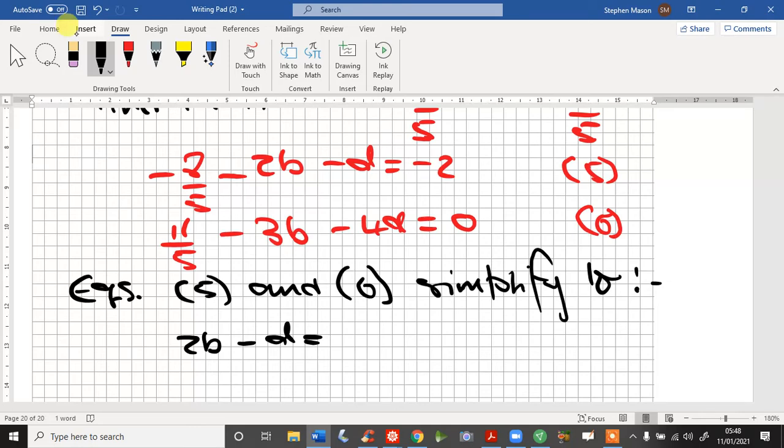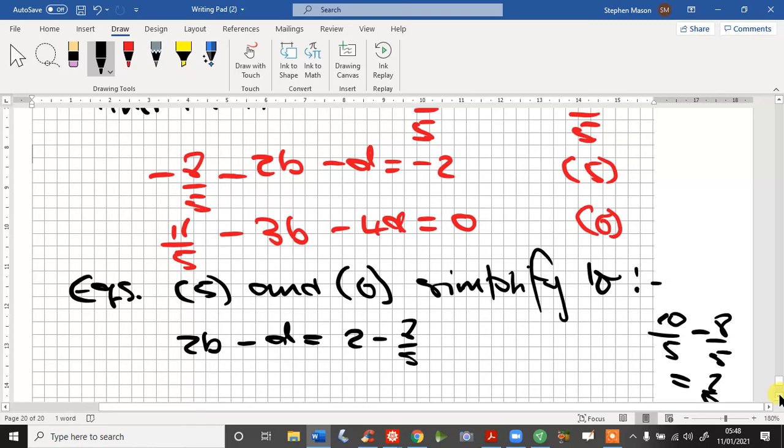I better do it properly. So 2b minus d is equal to 2 minus 8 over 5. So what's 2 minus 8 over 5? Well, that becomes 10 over 5 minus 8 over 5. So that's 2/5.